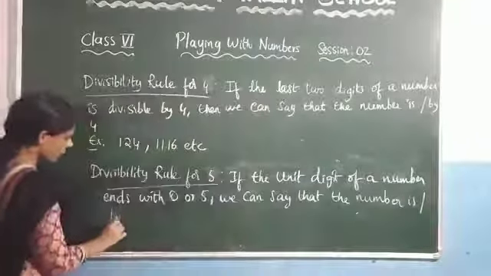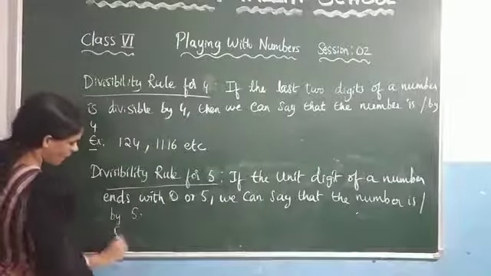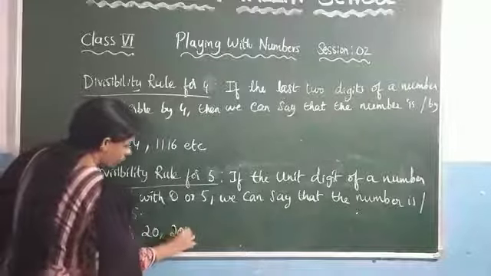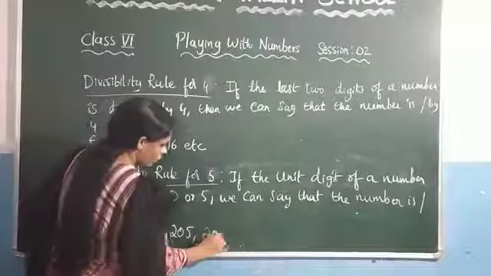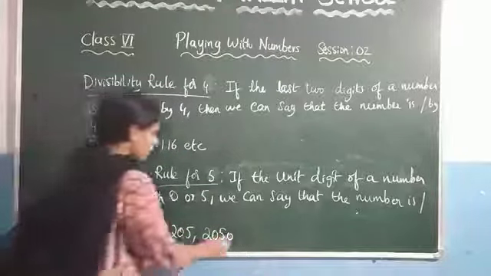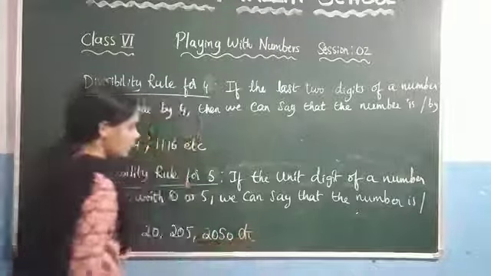So what are the examples? 20205, or you can consider 2050. You can observe that these numbers end with 0 or 5. So we can say that these numbers are divisible by 5.